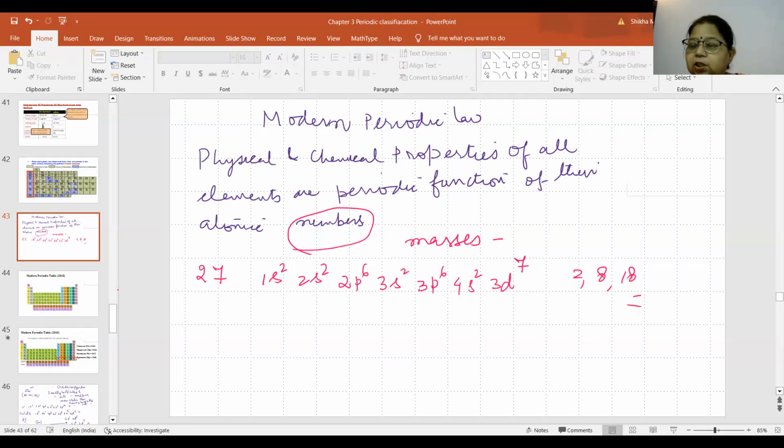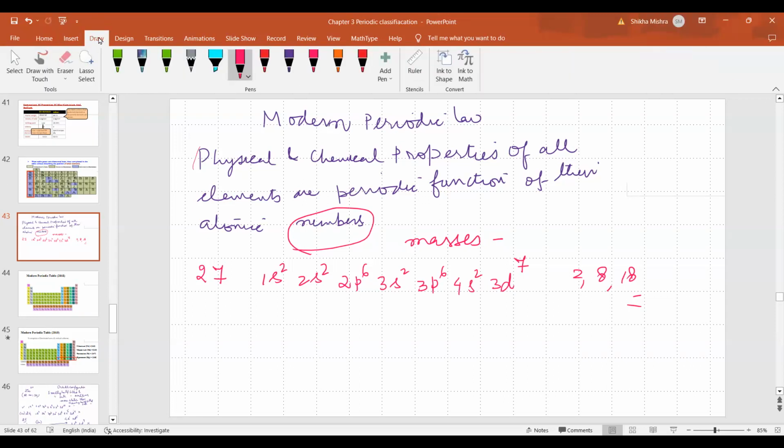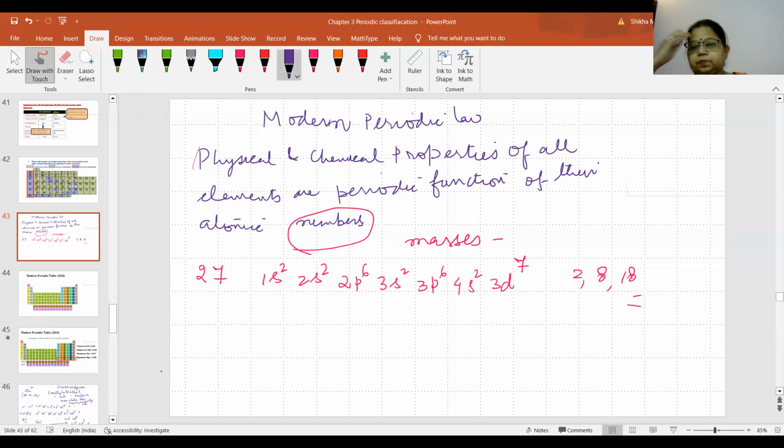Got the answer or not, Ritika? Ma'am, I don't know how to do this. Okay. Anybody who knows it? Shweta, you know it? Let me tell you how to do it.